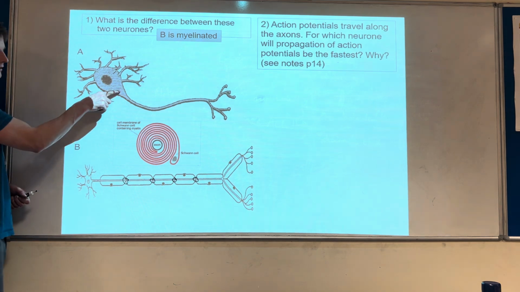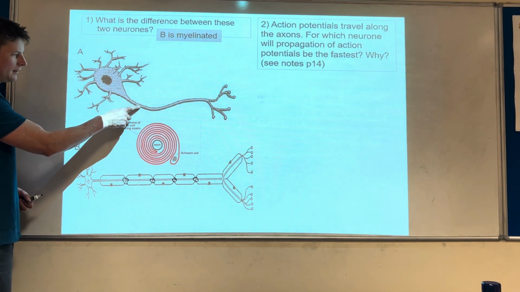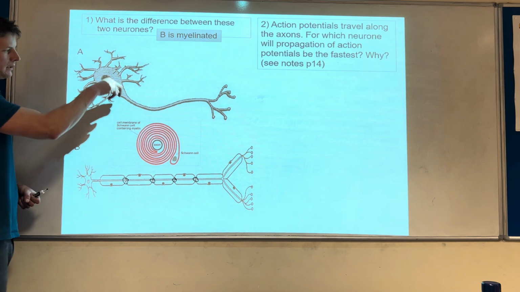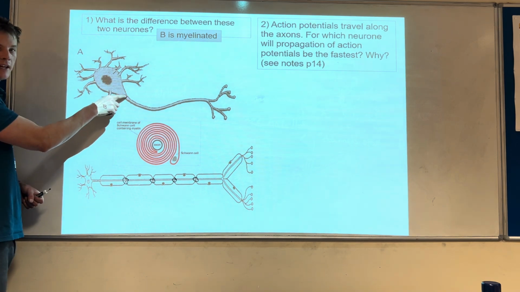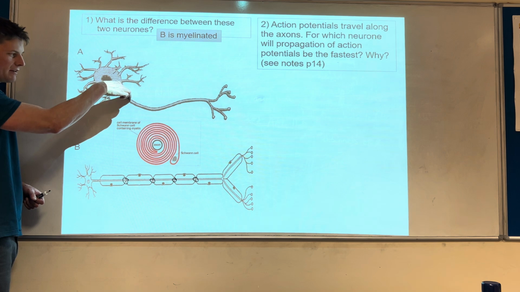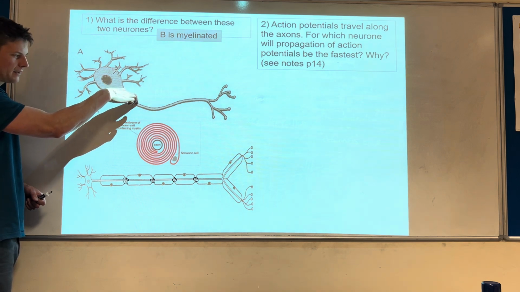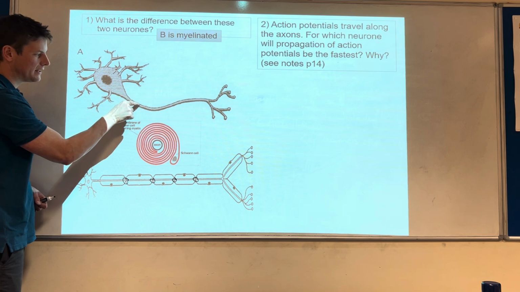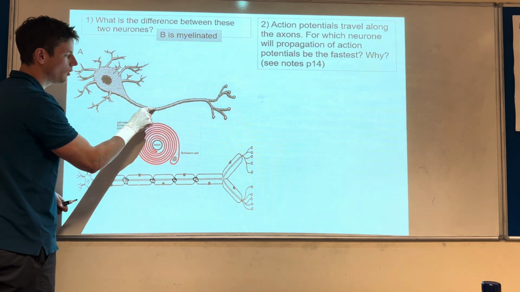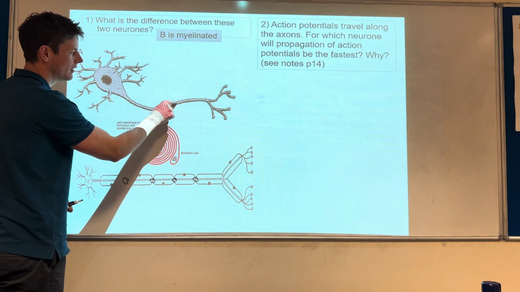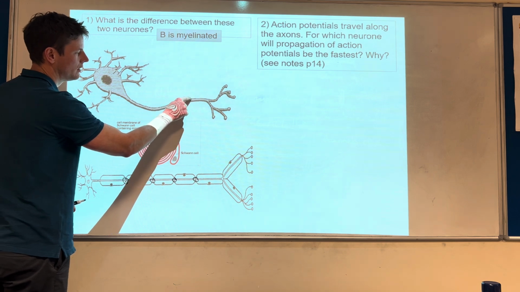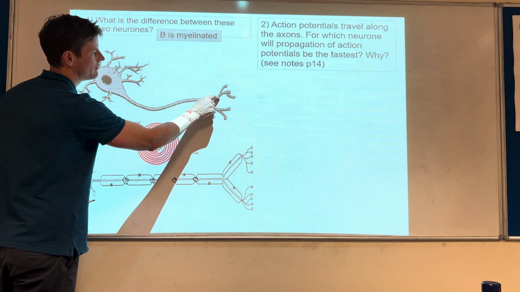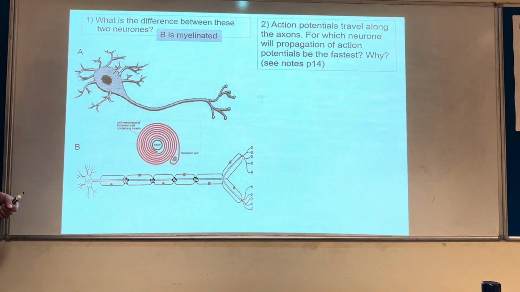So if we imagine on this non-myelinated neuron, action potentials will be produced here. That would stimulate the adjoining region and the adjoining region, and so on. Action potentials would need to be produced along the whole length of the axon until it eventually reaches the synapse at the end, the axon terminus.